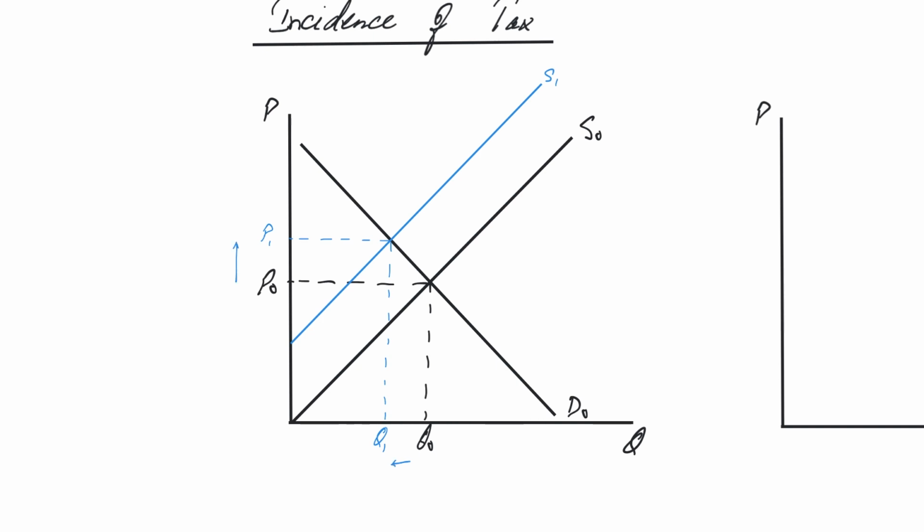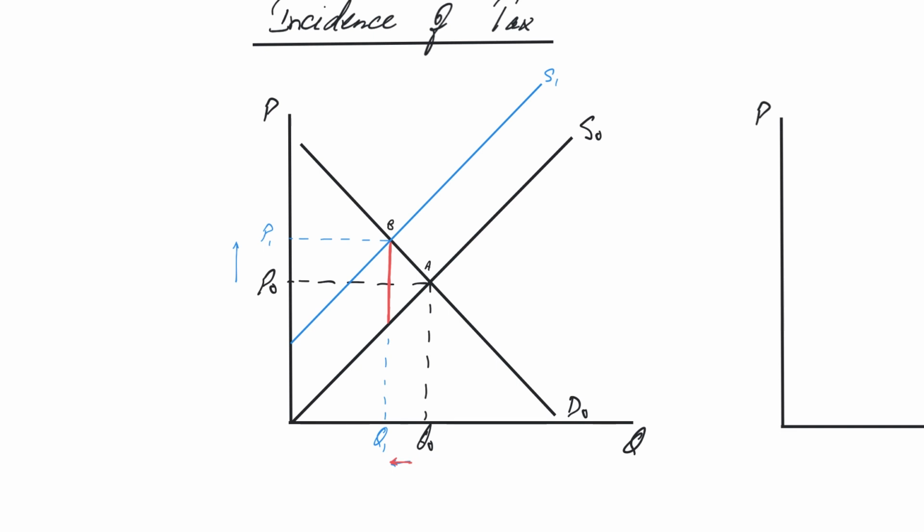Now, what is the tax rate? Let's mark the tax rate on the new equilibrium point, because the quantity has been reduced, right? So all the reading is going to happen over here on the new equilibrium price.